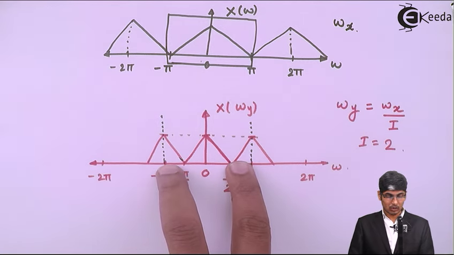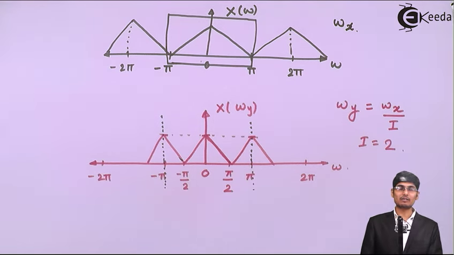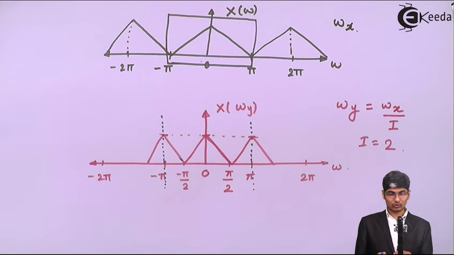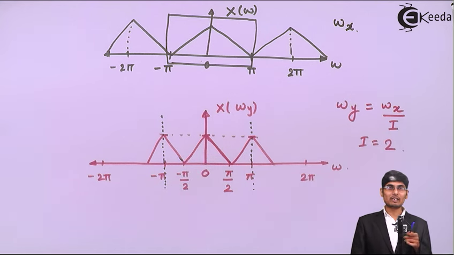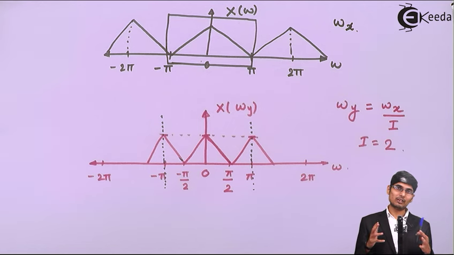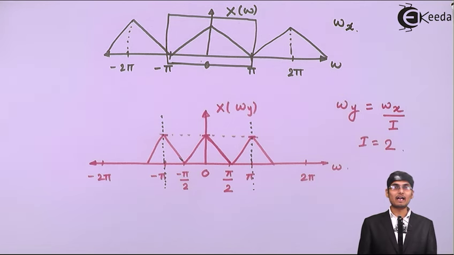That means there are again two signals available. If I consider 0 to 2 pi, there are two sets of signals. That means an image has been created of the original sample. So by inserting more samples, the frequency characteristics are compressed, and more images are created in the given spectra.